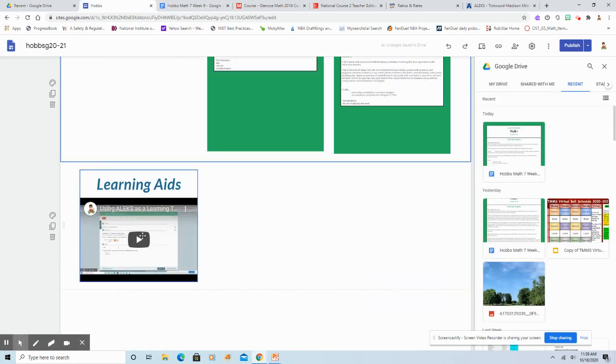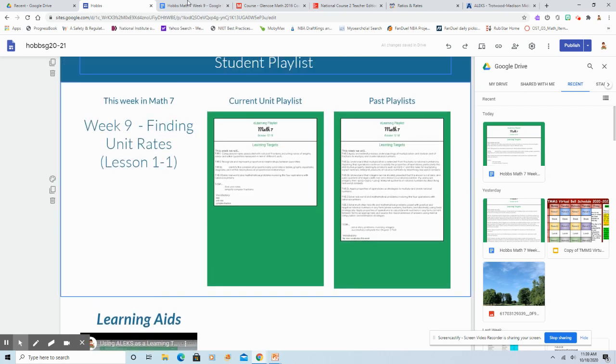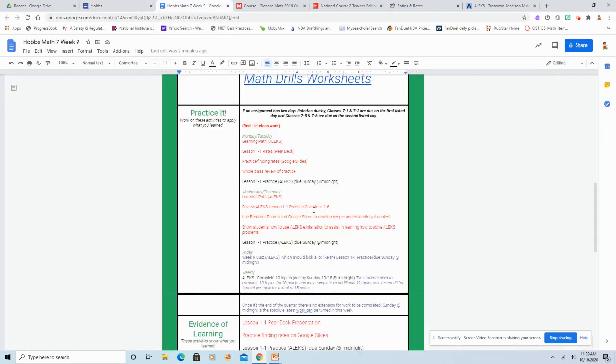If you want to see the learning aids for Alex, it's a tool that we almost could teach math just using Alex because of the explanations they give, the way they expect you to do the work. If you have 4 or 5 minutes, look that over if you can this week and get an idea for what your child could be doing at home if they choose to just take a couple extra minutes to look through that. Again, we'll review the questions 1 through 6 on the Alex on Wednesday, Thursday.